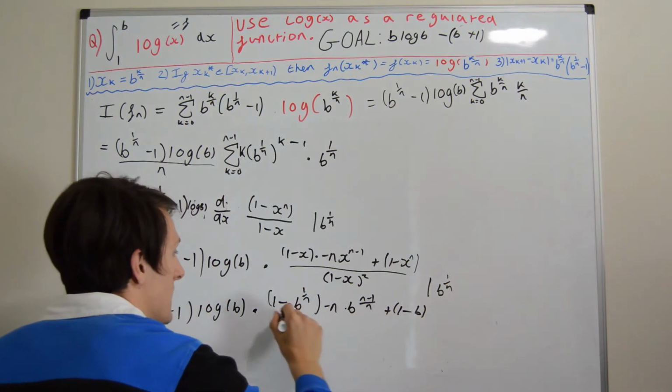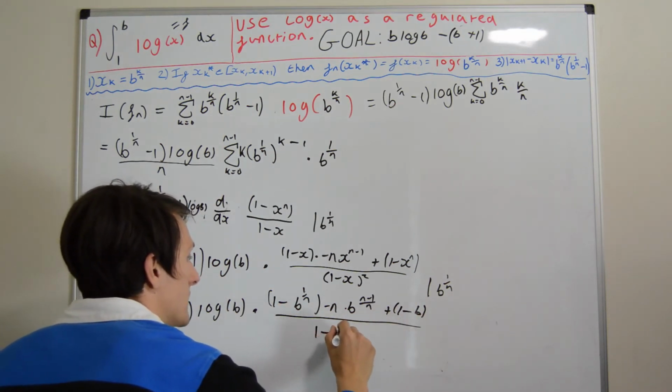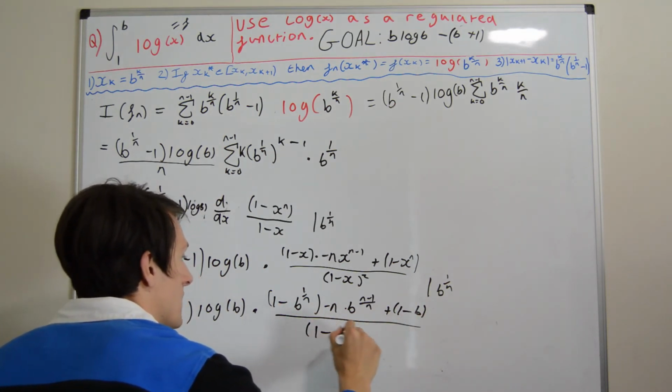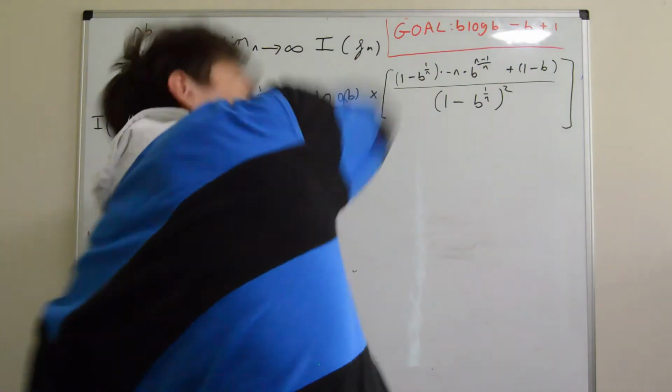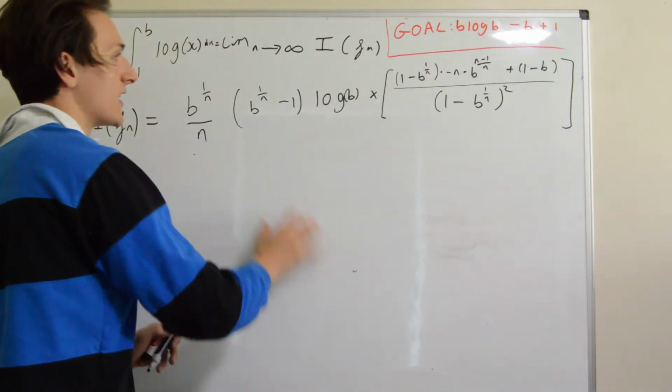Okay, and then this is all divided by 1 minus b to the 1 over n squared. Okay, so I've rewritten everything that was here up at the top.